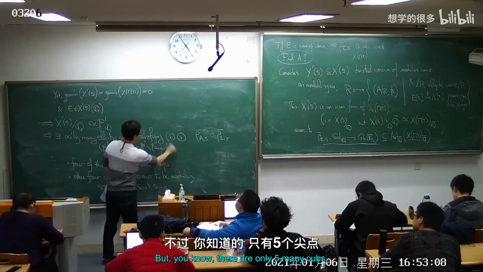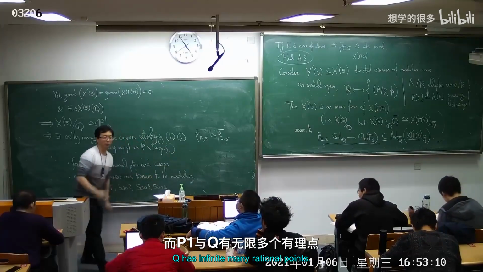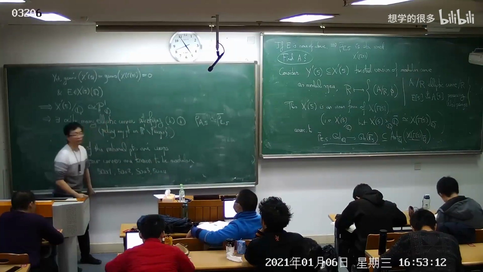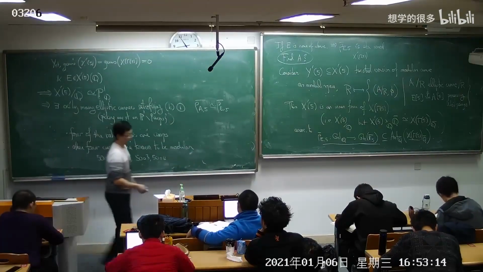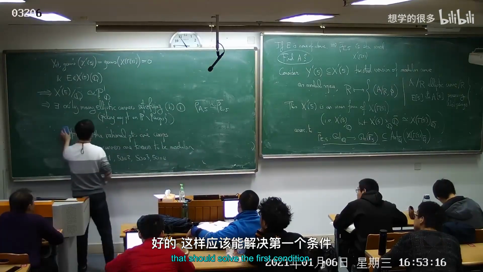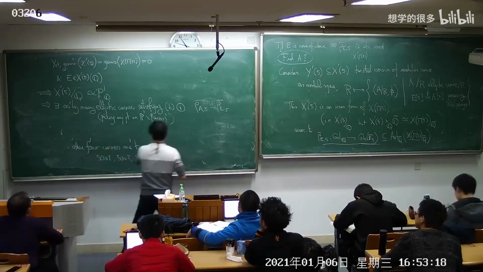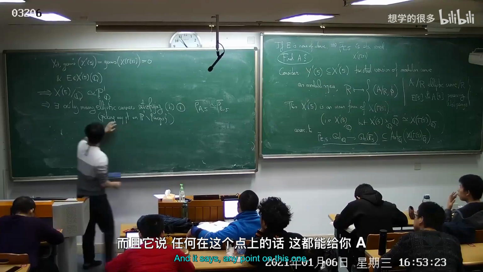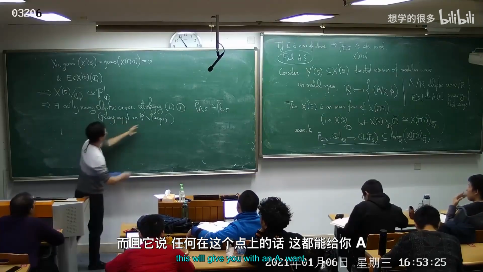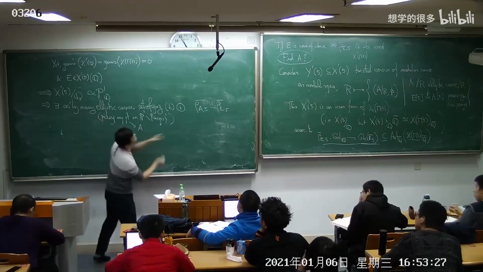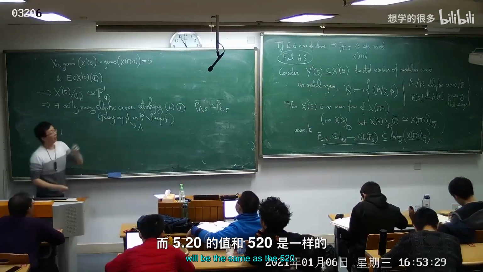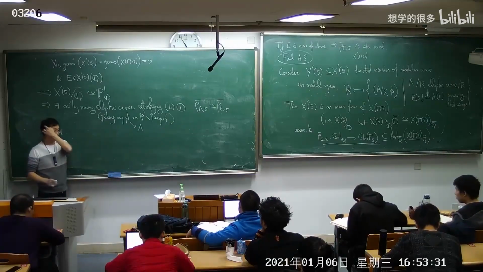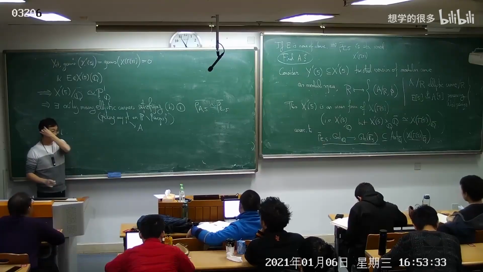But there are only finitely many cusps, and P1 of Q has infinitely many rational points. No worries. Okay, that solves the first condition. Pick any point on this one, and this will give you the A you want, and the 5 torsion will be the same as that of E.